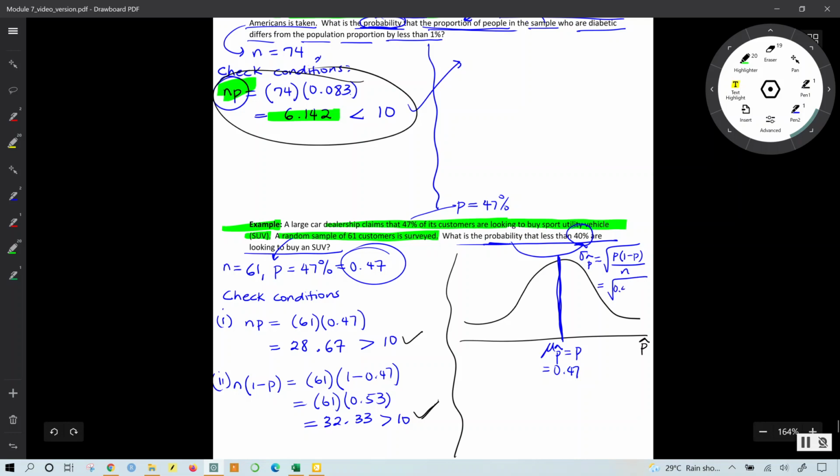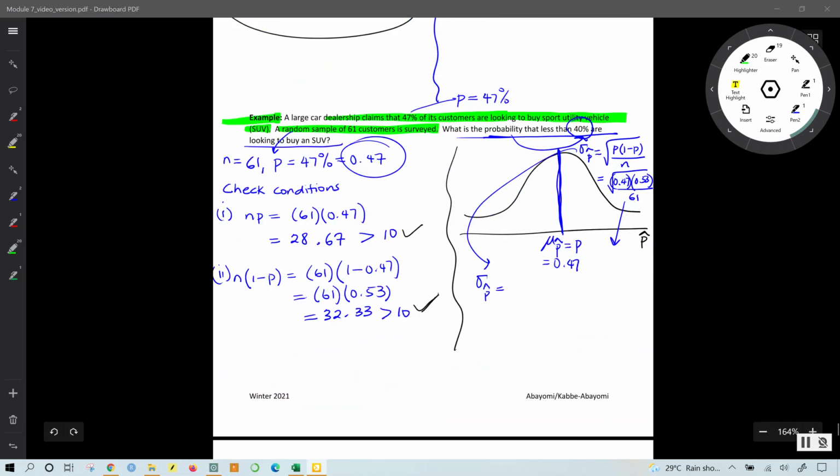That will be 0.47 times 1 minus 0.47, which is 0.53, divided by the sample size of 61. So the answer for the standard error is equal to 0.0639.